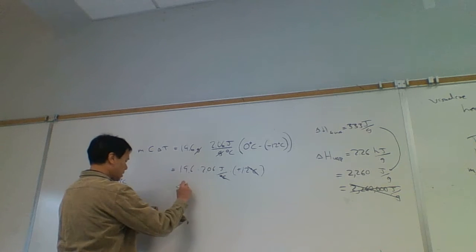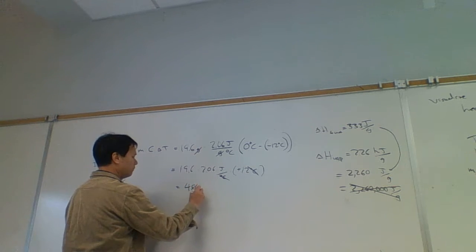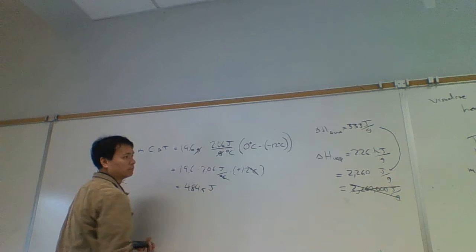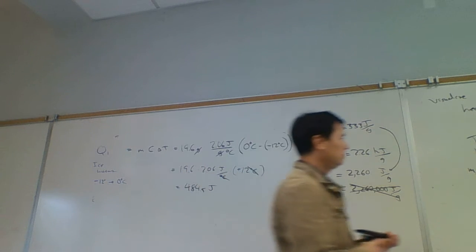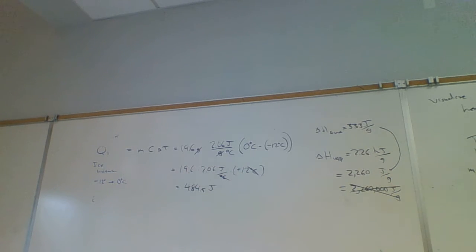And so this is going to cost us 484.5 joules. So if I look at this, starting from here and ending here, I'm going to have 485 joules roughly. So that's about 485 joules.